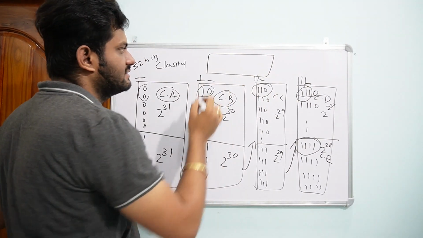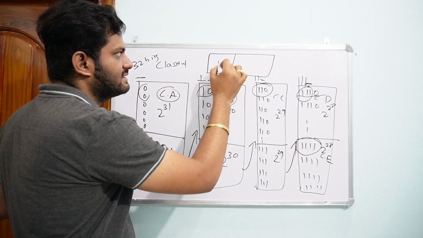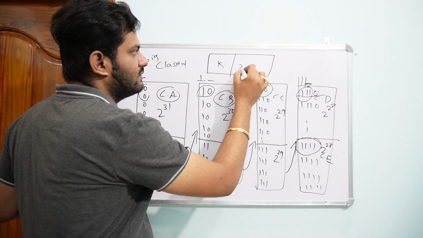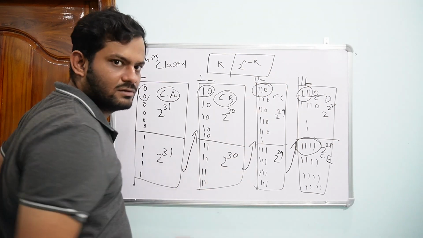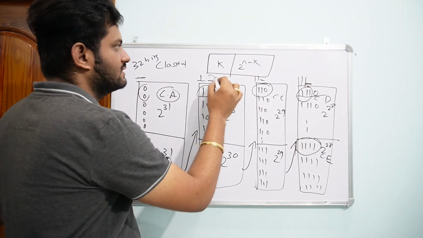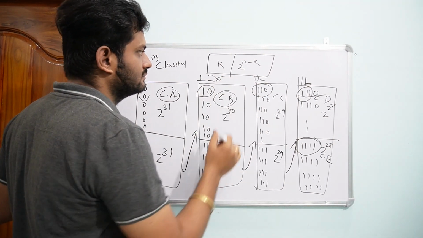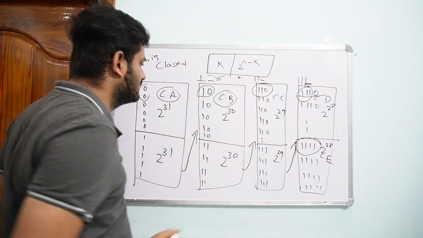Now if you see here, the IP address, if you select k bits, then you have 2 power n minus k host IDs. So this will be network, this will be host.